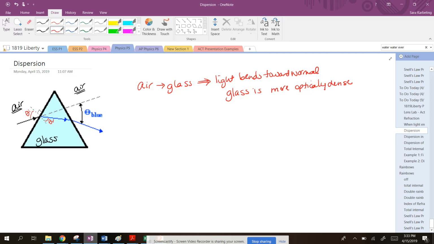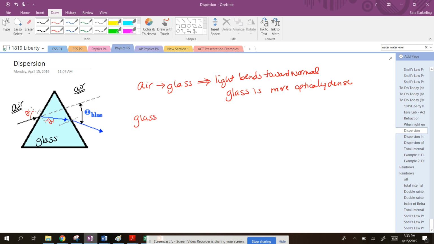And then if we look at what's happening to the blue light as it leaves the prism, we can draw another normal line. We see that as it goes from the glass into the air, it's going to bend away from the normal. We'll write that down so that we see the same deal.